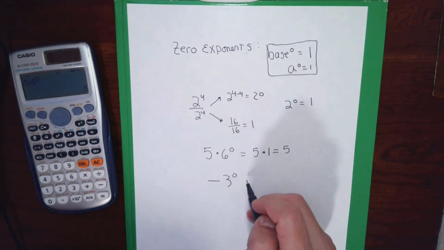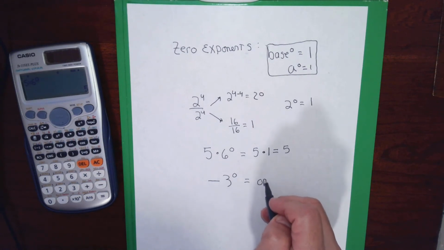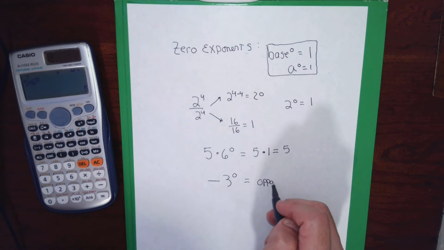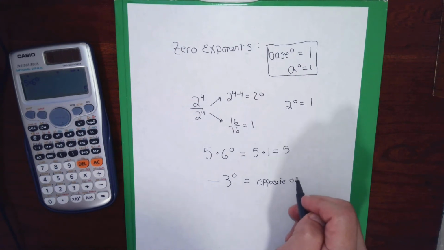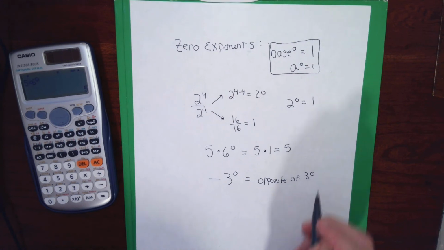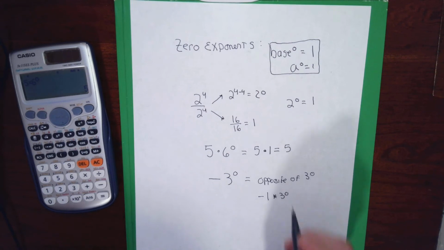I have to think of this as either the opposite of 3 to the 0 power, or as negative 1 times 3 to the 0 power.